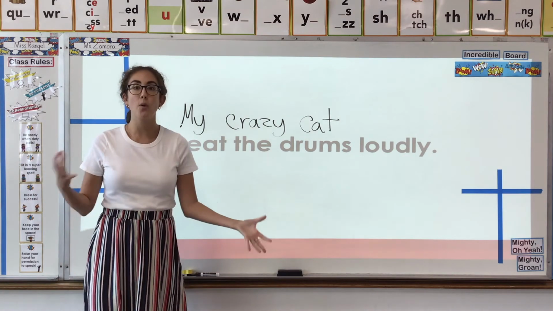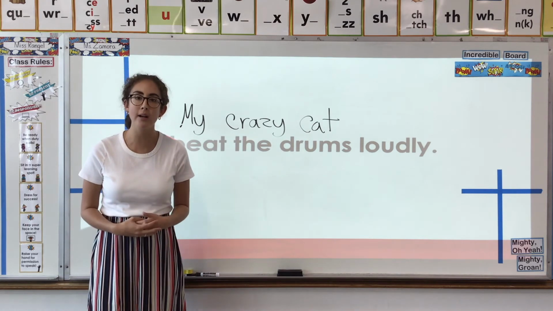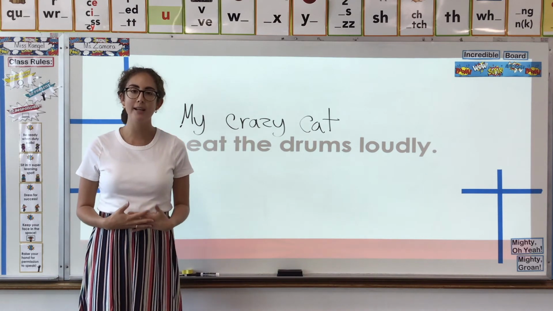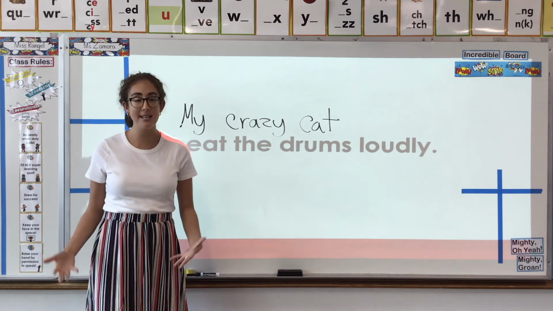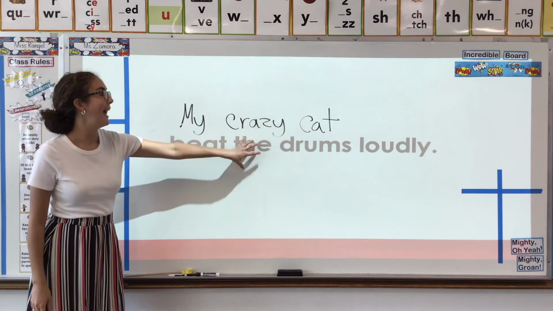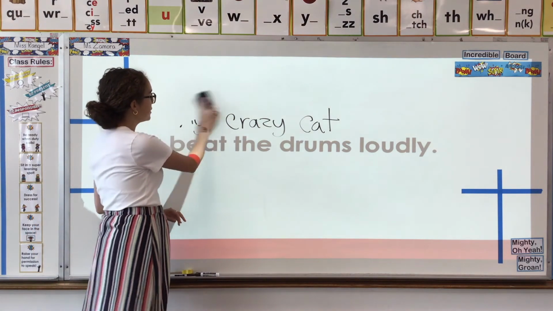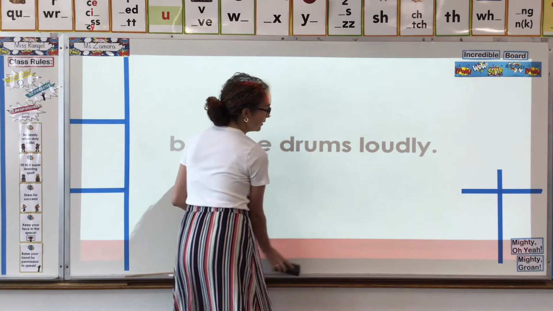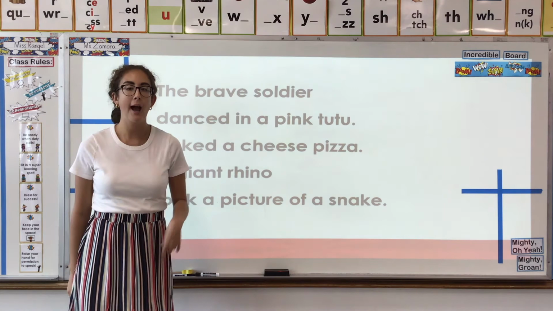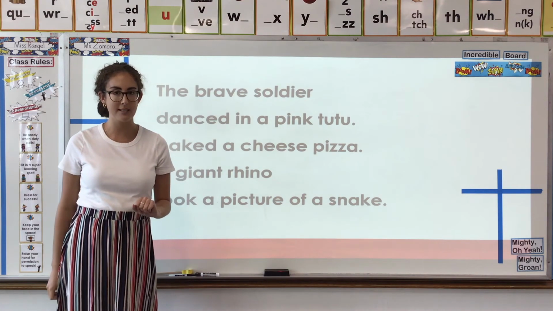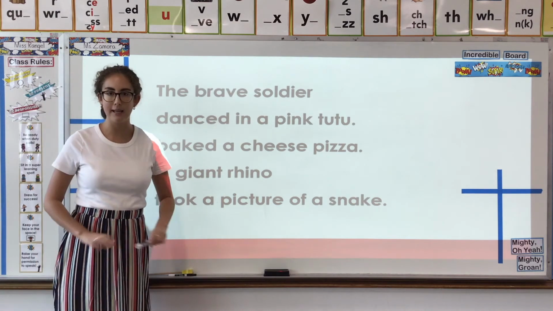Okay. So we have been practicing editing writing, which is so important when we look at our own work and we want to make sure it's the best. We have to check every sentence that we have both a naming and a telling part. So now you are going to do just that on your own. I'm going to give you 5 parts of a sentence. These are all different sentences you are going to write.